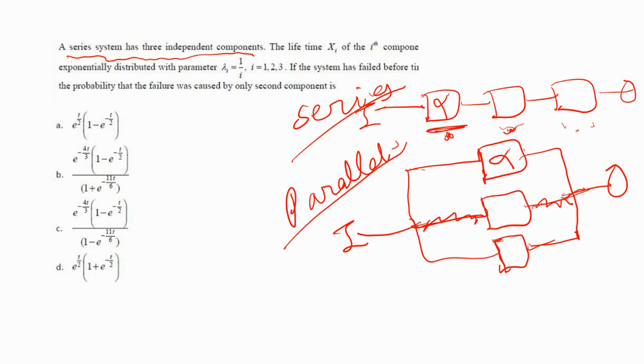So what is given here is that the lifetime Xi of the ith component is exponentially distributed with parameter lambda equal to 1 upon something. For the first one, the lifetime parameter is 1. Second one, it is 1 upon 2. And third one, it is 1 upon 3.